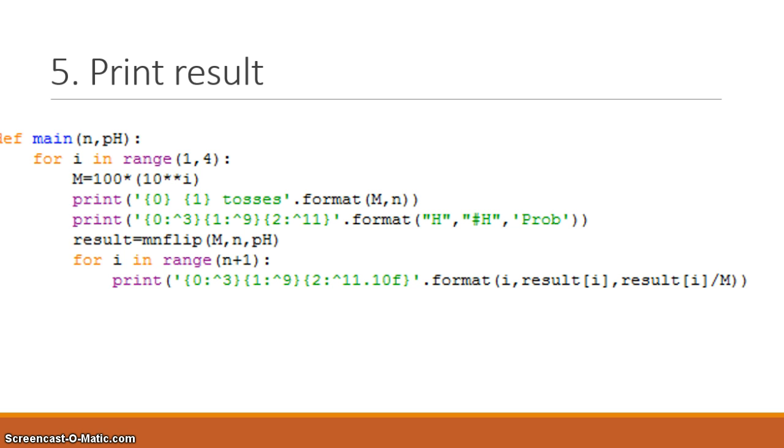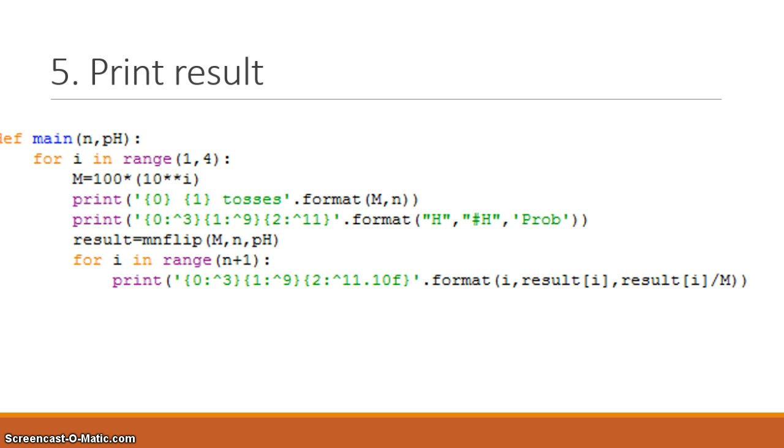So m equals 10 to the power of i, times 100, so I can have the values 1000, 10,000, and 100,000.